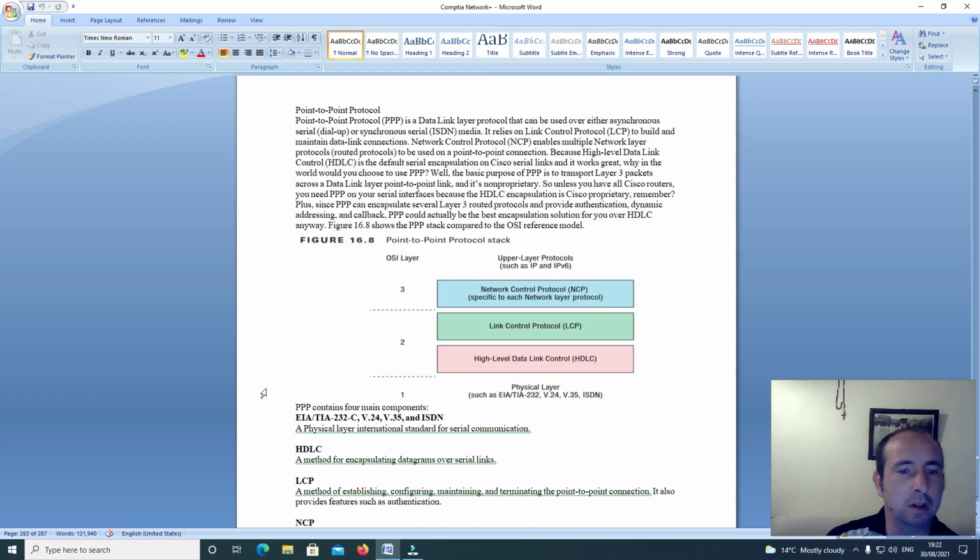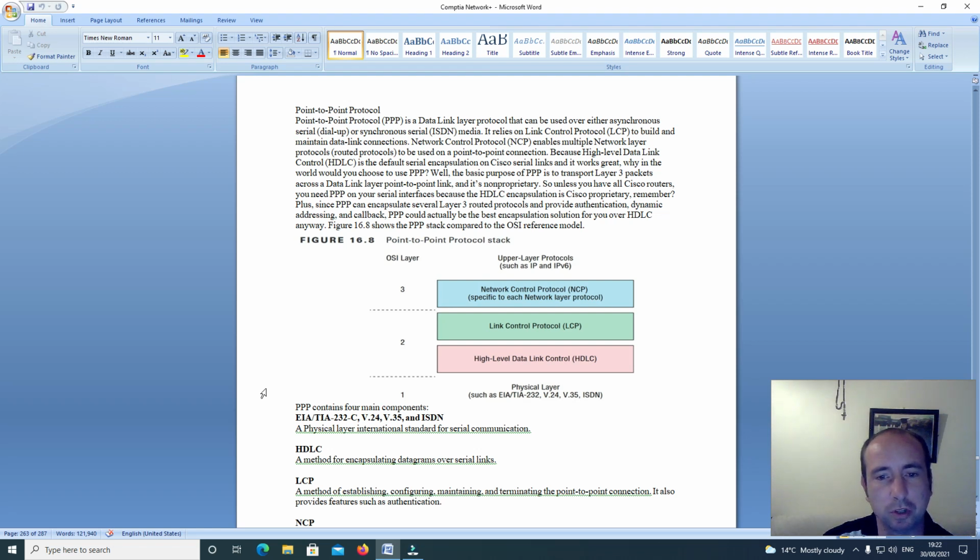Point-to-point protocol. Point-to-point protocol is a data link protocol that can be used over either synchronous serial, dial-up, or ISDN media. It relies on link control protocol, LCP, to build and maintain data link connections.